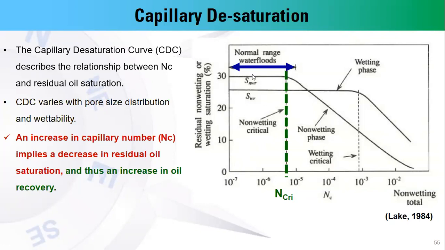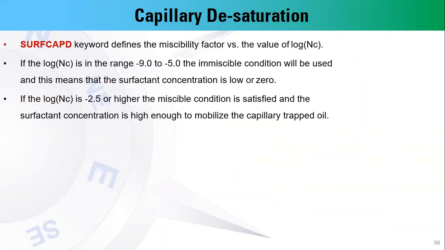So this is the range of normal water flooding. We have high residual oil, but with surfactant flooding, we have an increase in the capillary number. Accordingly, as you can see, we will have a reduction in the residual oil saturation, which is the objective of surfactant flooding: to increase the capillary number, accordingly reduce the residual oil saturation and increase oil recovery.